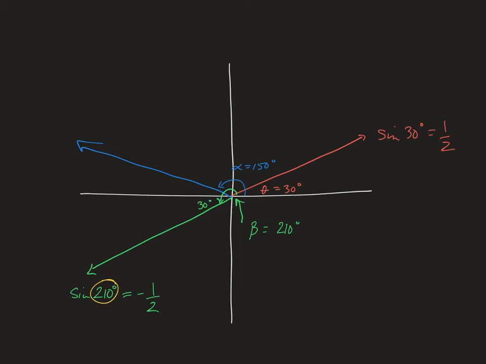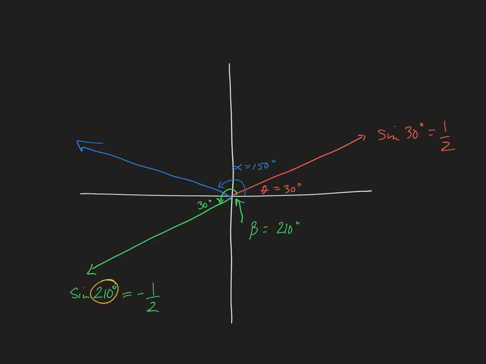So the first thing that we should notice is you got an answer when you punched in sine 210. That tells you that we can calculate trig ratios for angles that don't even fit inside of a triangle. That is a huge concept for us moving forward.